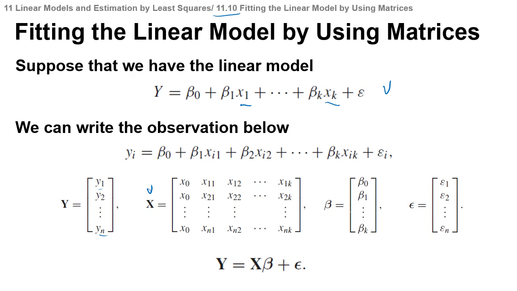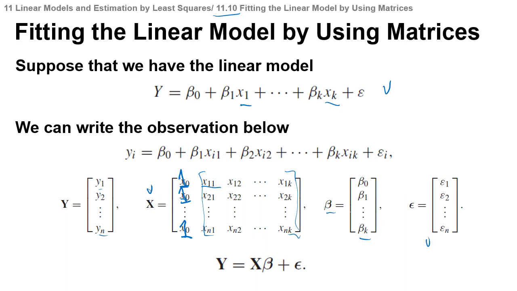And here actually x0s are all 1. So this is all 1, and here x11, so this is the data matrix, and you are going to have beta, which is a vector of beta 0 to beta k, and epsilon is this thing.